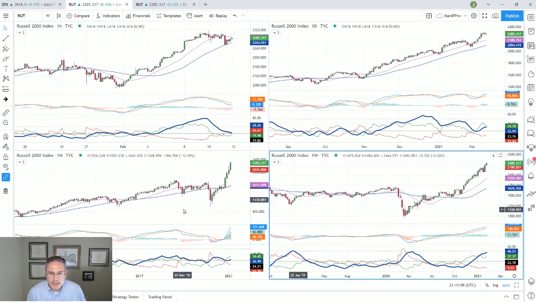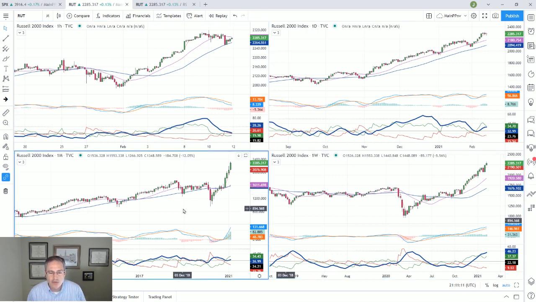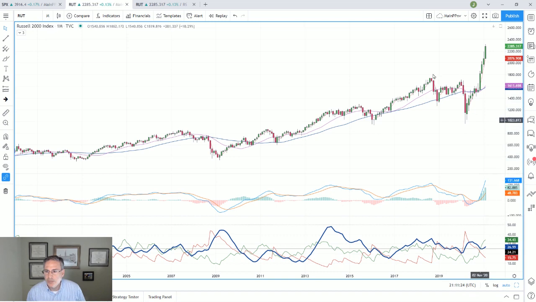This is a very different pattern from the other two, in my opinion, because if you look at what happened here, you spent really the better part of the last couple of years working this. Let's take a closer look at the monthly chart, because we spent this time working down to the downside, and look at what MACD was doing.